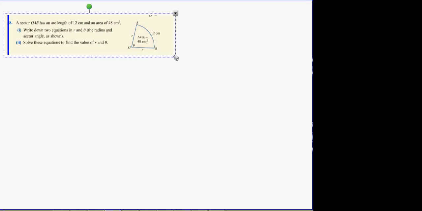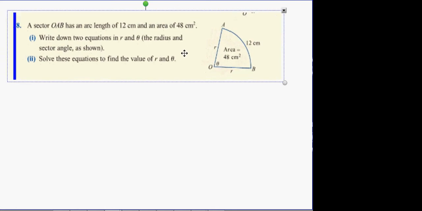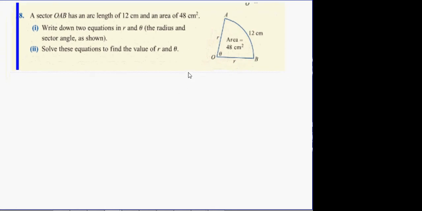A sector OAB has an arc length of 12 and an area of 48 centimeters squared. Write down 2 equations in R and theta as shown. Okay, guys. To figure out how to do this, here's what you do. Sector has an arc length. Write down the formula for the arc length, like so.